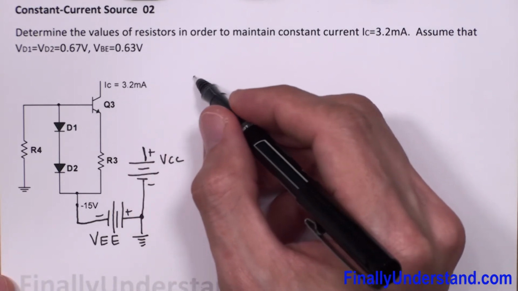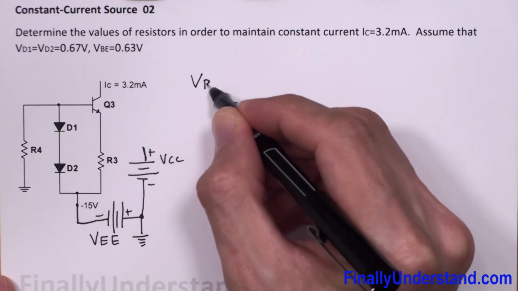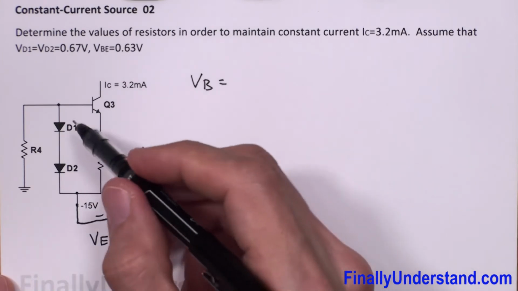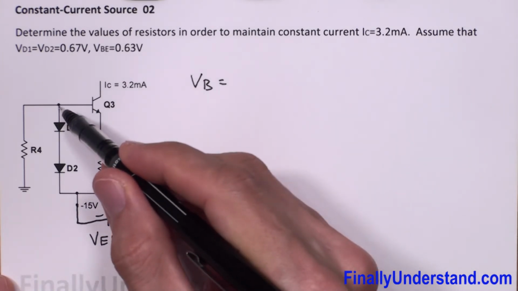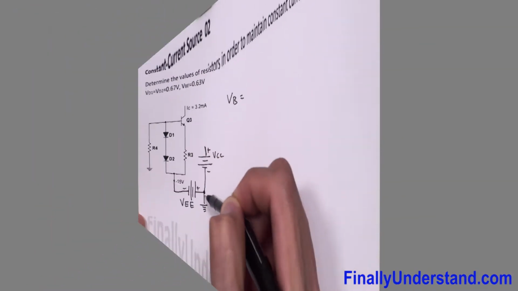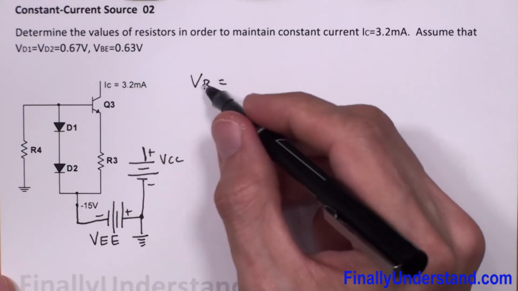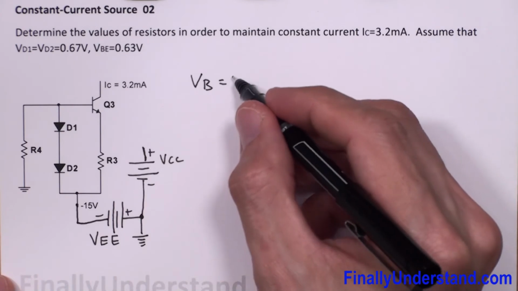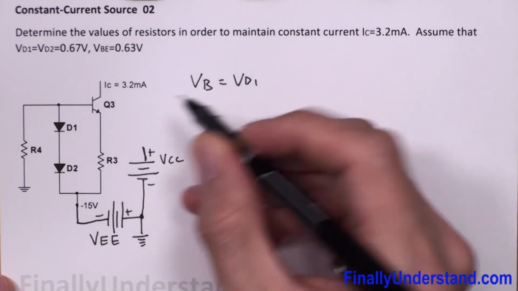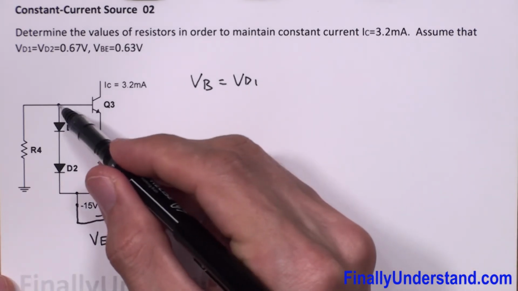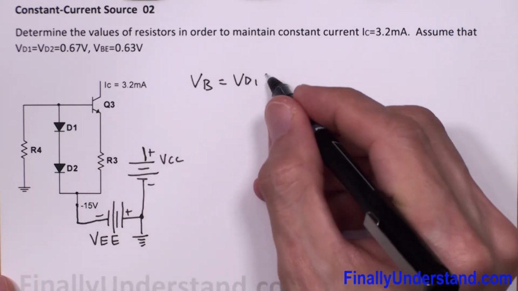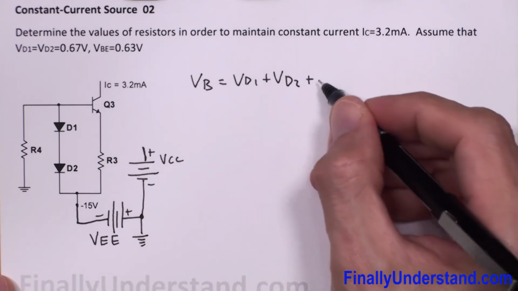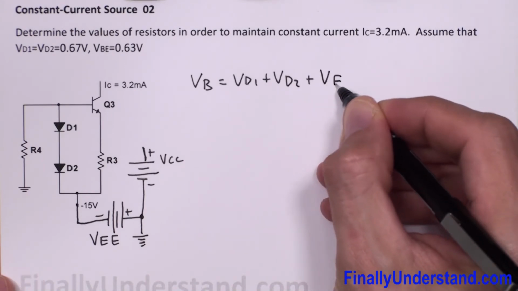So we have VB, which is nothing else, just the voltage between this point and ground. And simply write that my VB is nothing else, just VD1, the voltage between this point and ground, VD1 plus VD2 plus VEE.